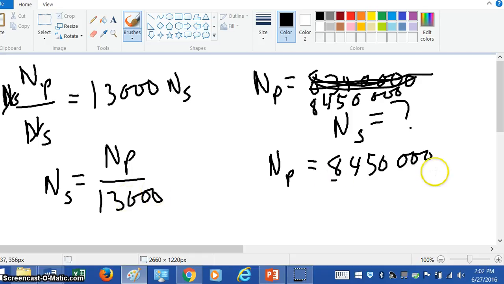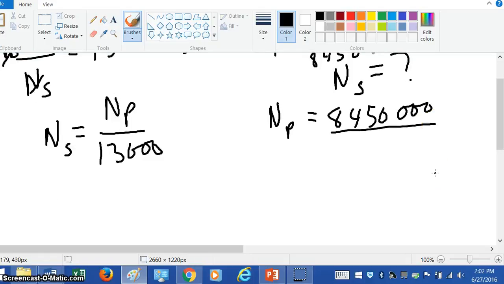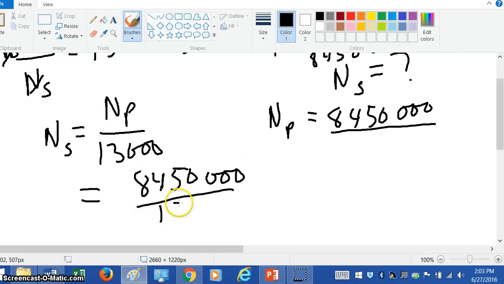Now we can just put in the numbers, because we already know what N sub P is. So let me go down one more row. I'll put the number in, 8,450,000 over 13,000.